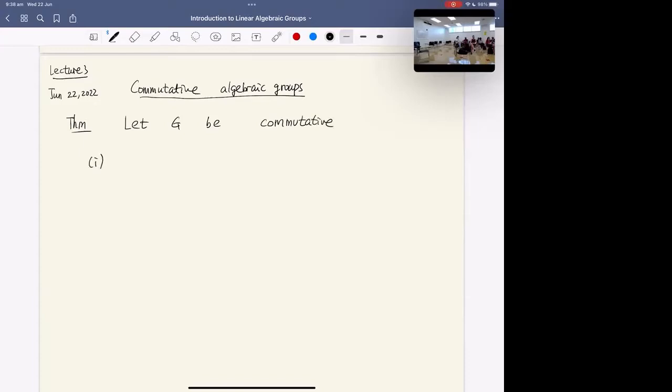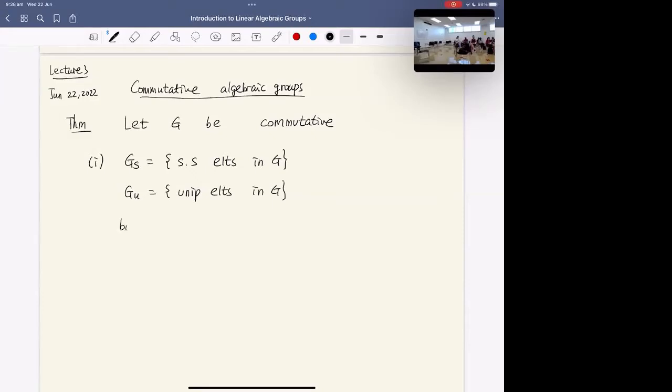Last time we introduced the Jordan decomposition in the group. So now we write G_S to be the set of all semi-simple elements in G, and we write G_U to be the unipotent elements in G. Now if the group G is commutative, then maybe in the exercise you already proved that G_U is a closed subgroup.